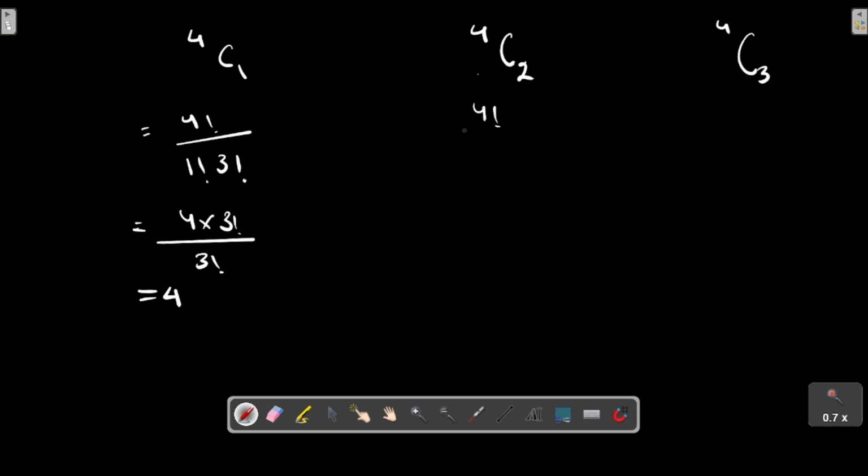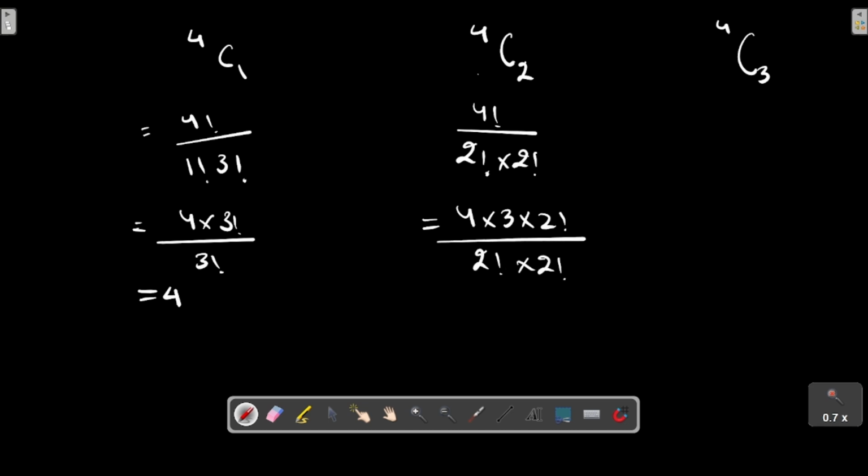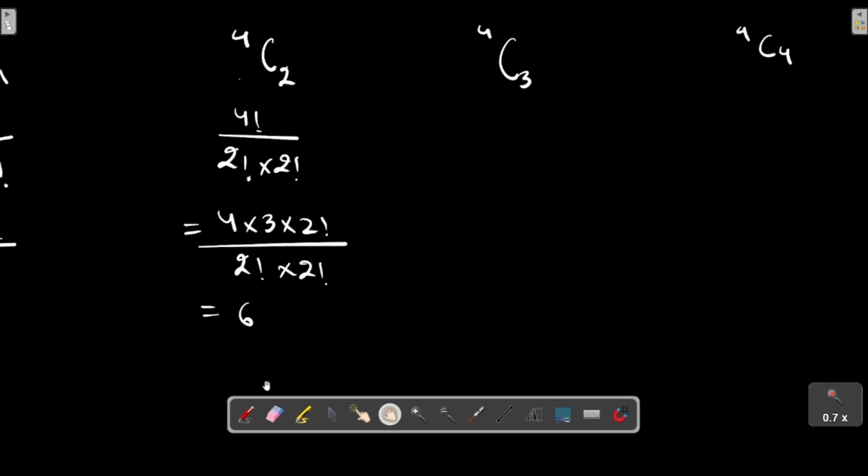4C2, that's your 4 factorial upon 2 factorial. When you subtract the 2, it's again 2 factorial. So that's 4 times 3 times 2 upon 2 factorial times 2 factorial. That's your 6. Then you have 4C3, 4 factorial upon 3 factorial and 1 factorial.